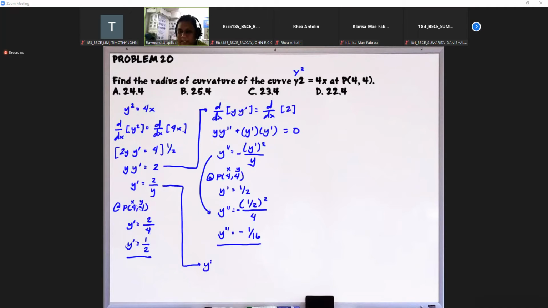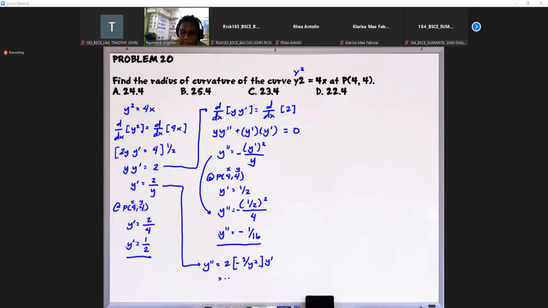So y prime prime is the derivative of 2 over y with respect to x. We can factor out the constant first, which is 2. The derivative of 1 over y is negative 1 over y squared. Since this is y with respect to x, we need to multiply by y prime, by chain rule.